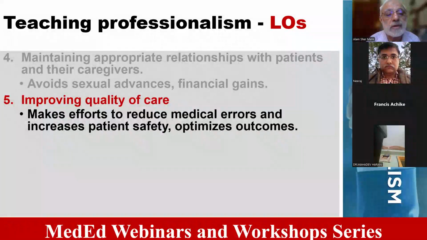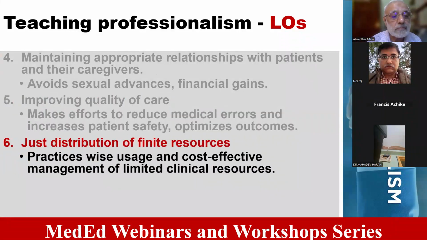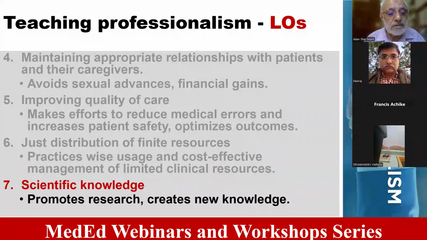Five, improving quality of care, makes conscious efforts to reduce medical errors and increase patient safety and optimizes outcomes. Six, just distribution of finite resources, practices wise usage and cost-effective management of limited clinical resources. Seven, scientific knowledge, promotes research, creates new knowledge.